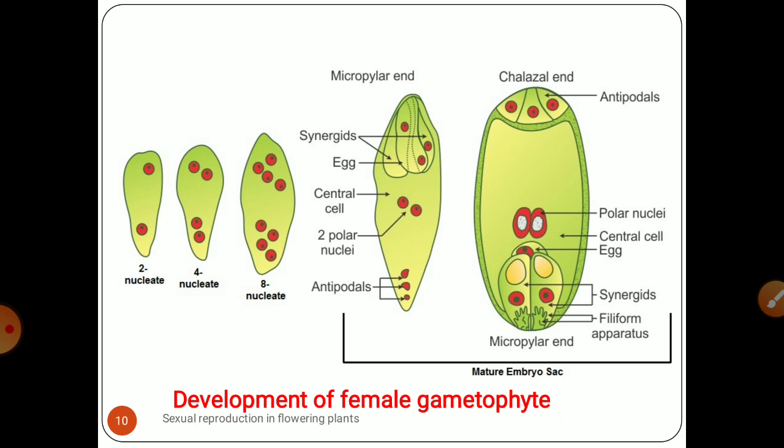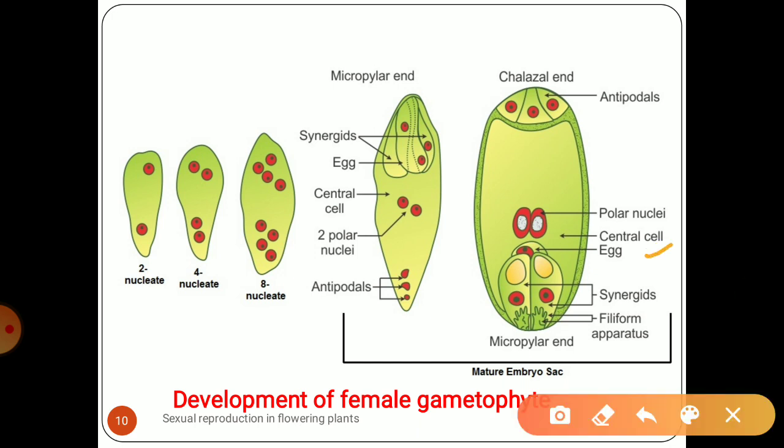Now if you start counting cells, cells are with nucleus and cell wall. So cells are towards the chalazial end 1, 2, 3, towards the micropylar end 1, 2, 3. So 6 cells, and in the center the polar nuclei are counted as only a single cell. That is why we call it the central cell.